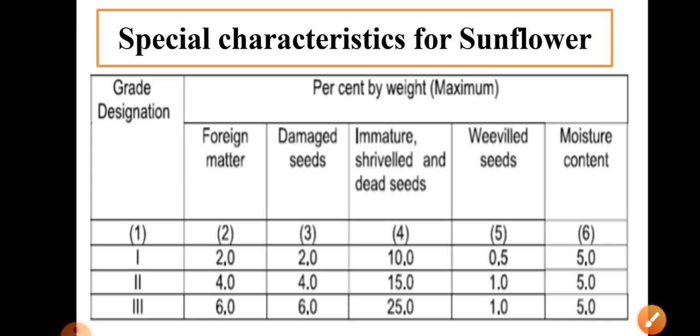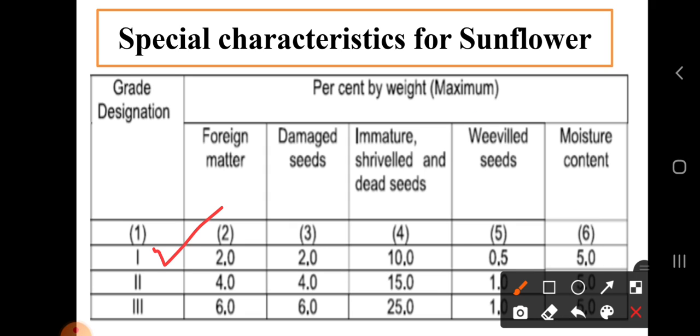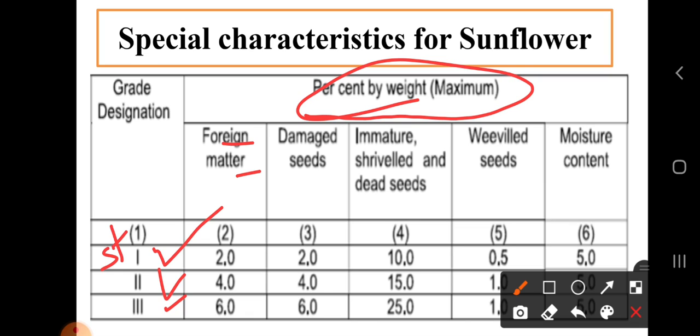Then what are the special characteristics required for sunflower? Our sunflower is categorized into 3 grades: grade 1, grade 2 and grade 3, or special grade, standard grade and general grade. For each grade, we have to mention the maximum limit of impurities. In the special grade, foreign matter should not exceed 2%.